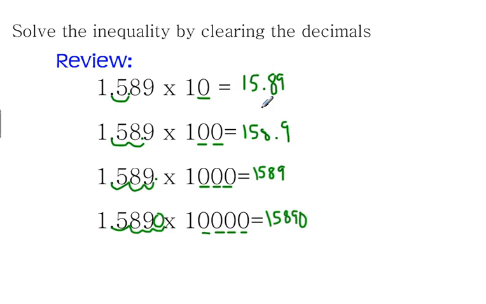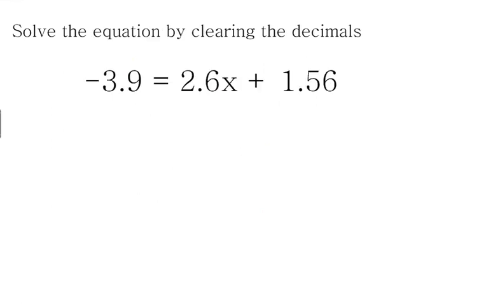So the reason we're reviewing this is so that when we see a problem like this, we don't have to work with the decimals. You guys know how lazy I am, and I don't want to work with decimals if I don't have to. So here's what I'm going to do. I would need to move one time to turn this from 3.9 to 39. So that would be multiplying by 10.